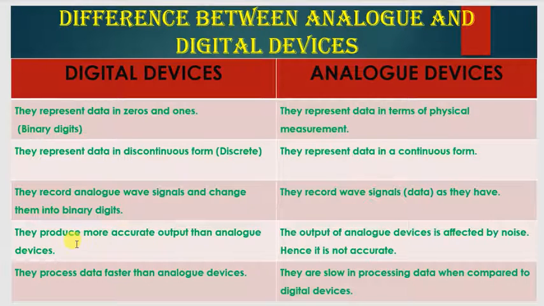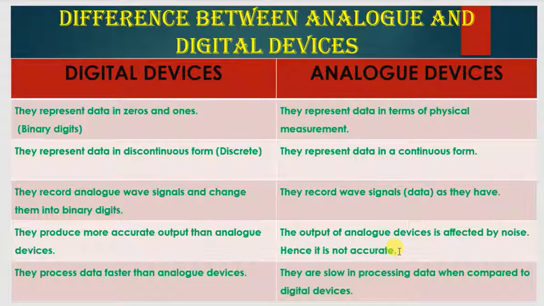The next one, digital devices produce more accurate output than analog devices, and this is true. You always know that whenever you send data into a computer, the result is what the user always expects. But with analog devices, there may be an error, due to the surrounding environment in which the person is using the device.